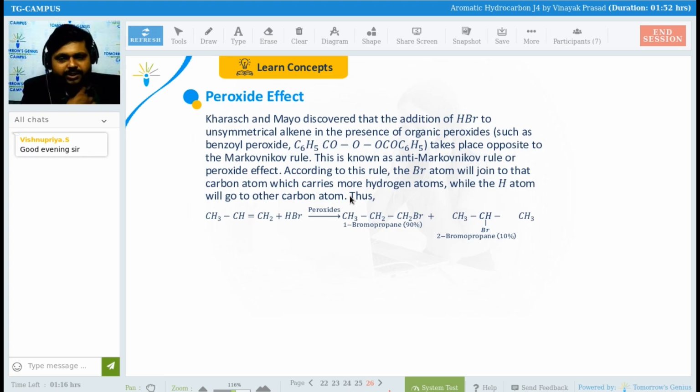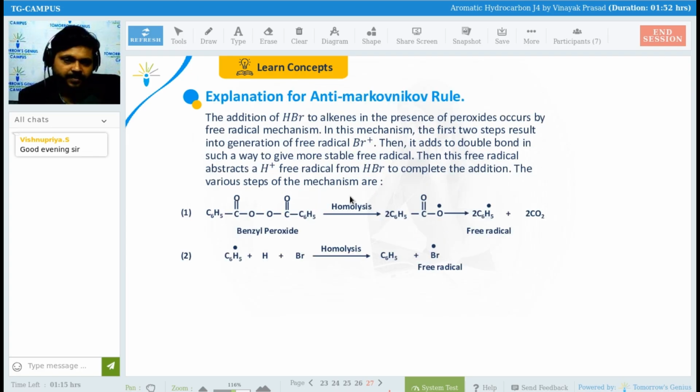See, Kharasch and Mayo discovered that the addition of HBr to an unsymmetrical alkene in the presence of organic peroxides such as benzoyl peroxide, C6H5CO-O-O-CO-C6H5, takes place opposite to the Markovnikov rule. This is known as the anti-Markovnikov rule or peroxide effect. According to this rule, the Br atom will join that carbon atom which carries more hydrogen atoms, while the hydrogen atom will go to the other carbon, right?